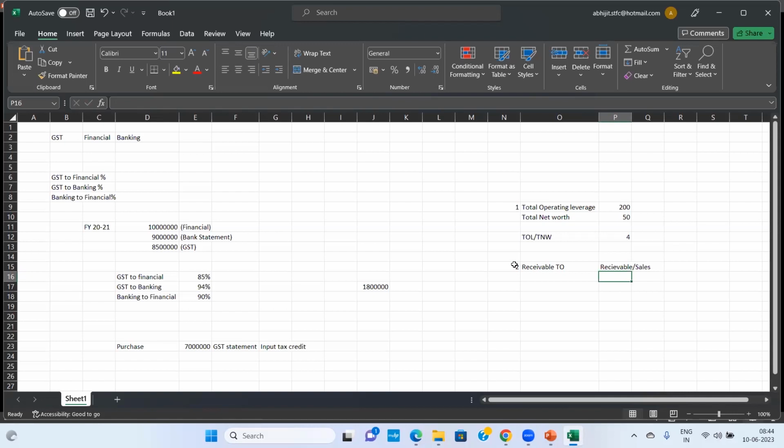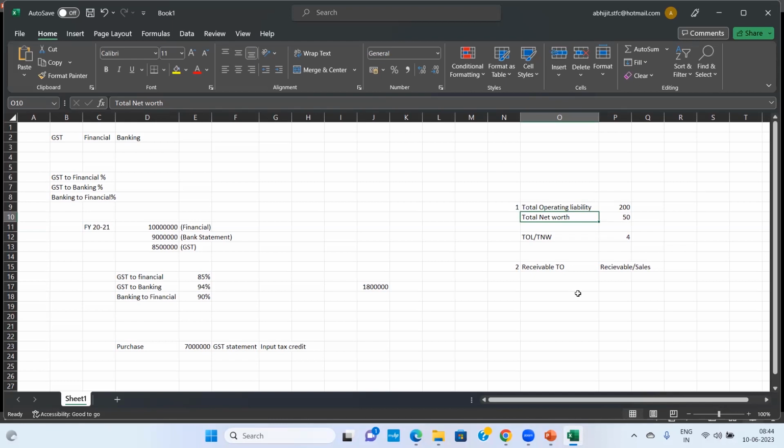See, total operating liabilities. It's not leverage, it's total operating liabilities. When you look at a balance sheet, you know all the liabilities, right? Total operating liability by total net worth.